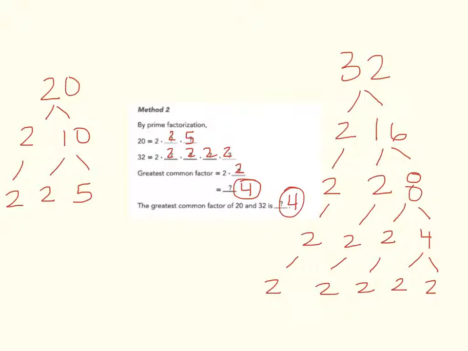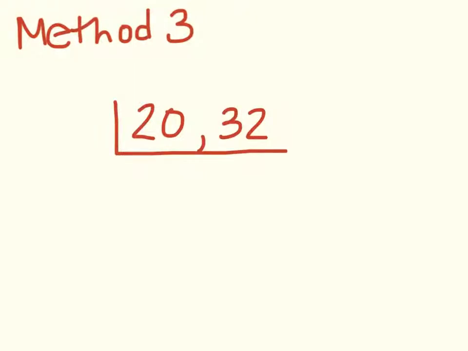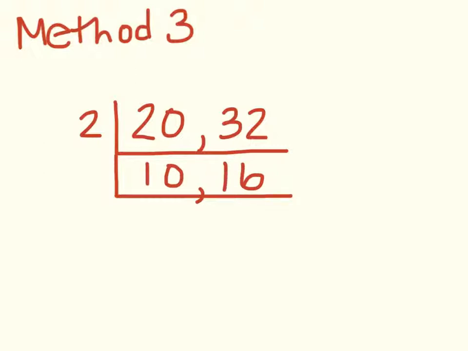Now let's try method 3. Finally, let's do this same problem using method 3. Remember, method 3 lets us work with both numbers at the same time. So I'm going to write 20 and 32 and place them in that bookcase. Their least common prime factor is 2. So now I'll divide each number by 2, giving us 10 under our 20 and 16 under 32.